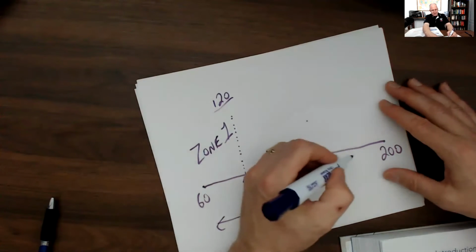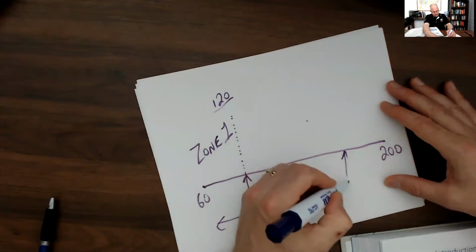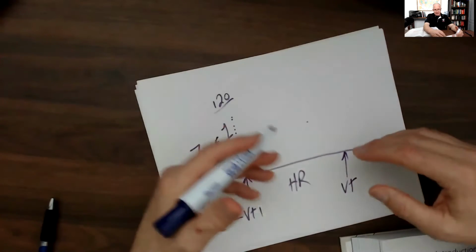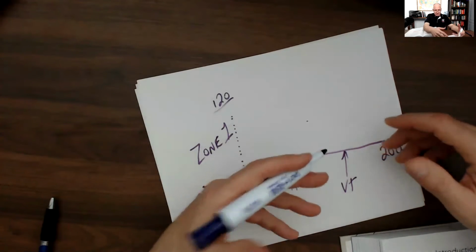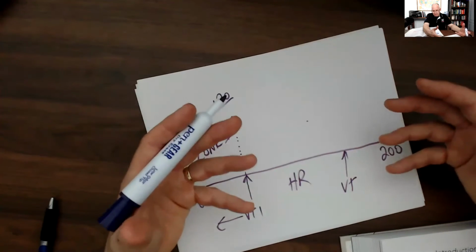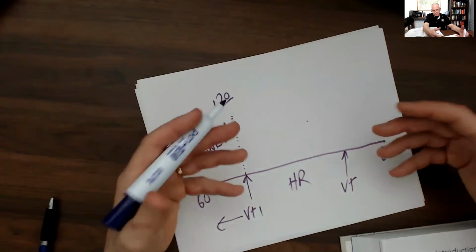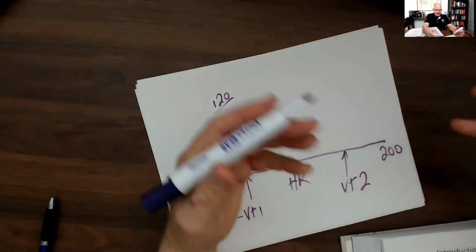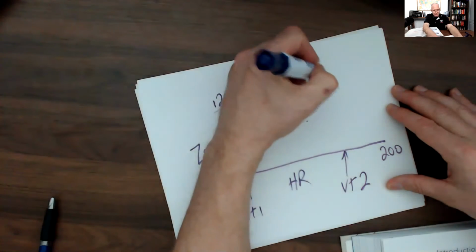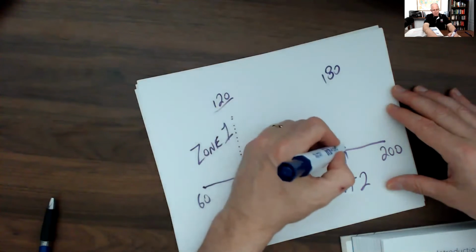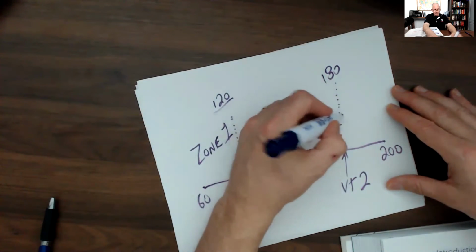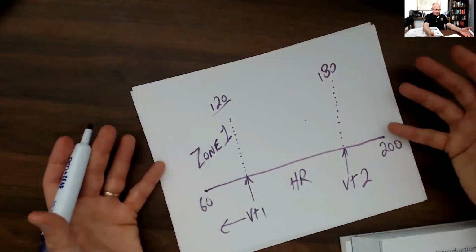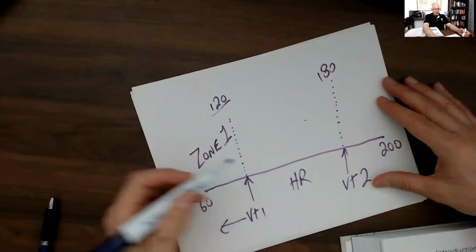If we know VT2, you don't have to know it, because if you did not do a VT2 field test, it's because the individual is not ready for that level of testing or assessment intensity. But once you do, and you know what VT2 is, let's just say it's 180 beats per minute, right? Look at that. We have this perfect sort of graph now to determine these different heart rate zones.